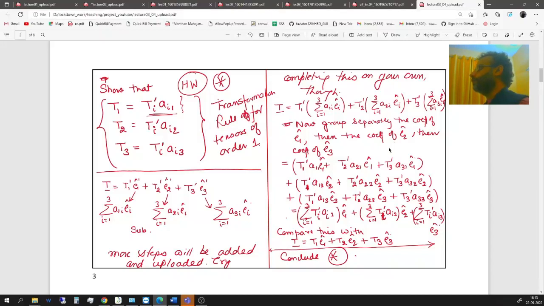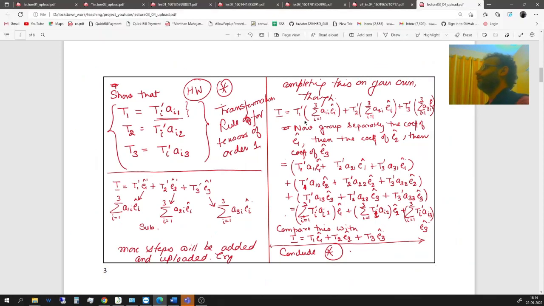So now, we will actually get 9 terms here, right? 3 terms here, 3 terms here, and 3 terms here. If we try to make 3 groups of terms out of these 9 terms, such that we separate the coefficients of the E1 unit vector, then the coefficients of the E2 unit vector, and then the coefficients of the E3 unit vector, this is how it will look.